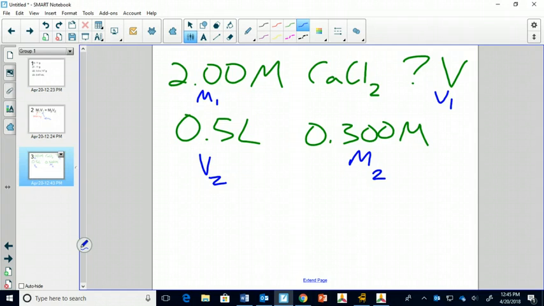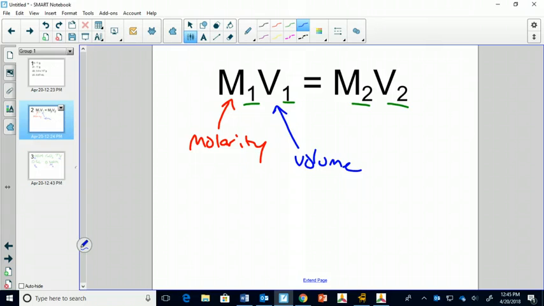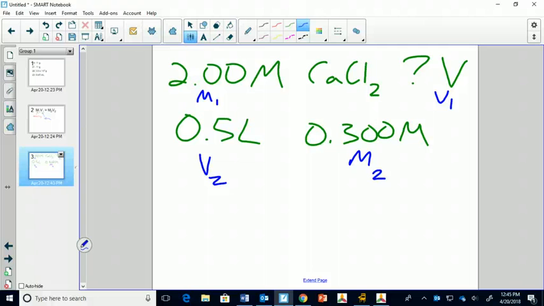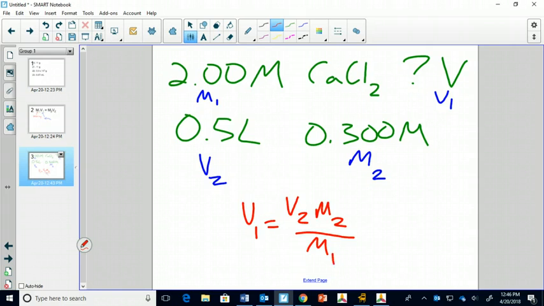Are y'all with me? I want to solve this equation to get V1 by itself. How would I do that? Divide by M1, right? So therefore, V1 is equal to V2 M2 all over M1.